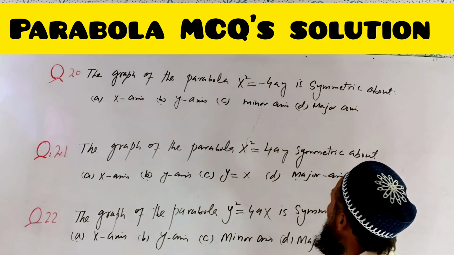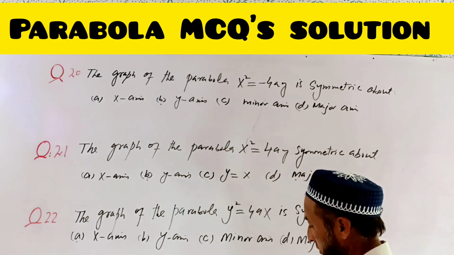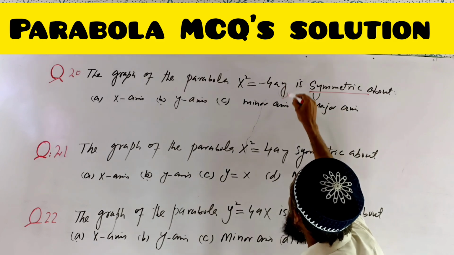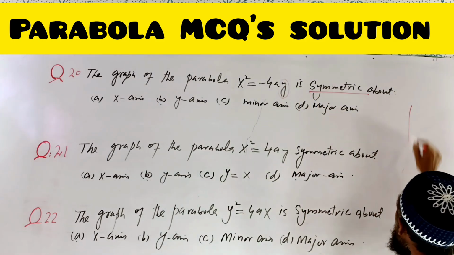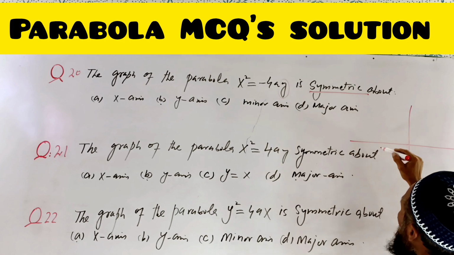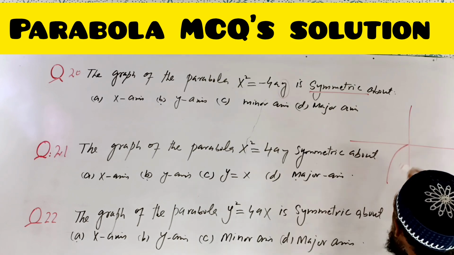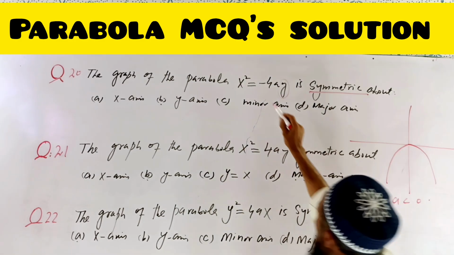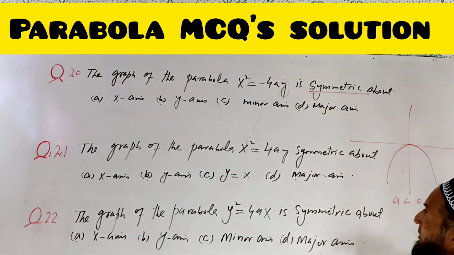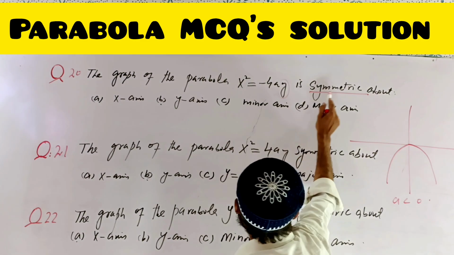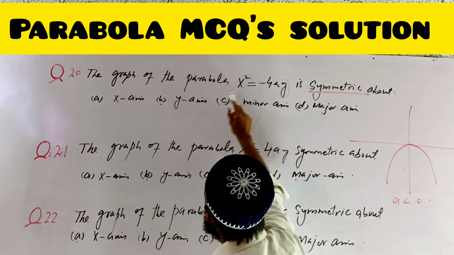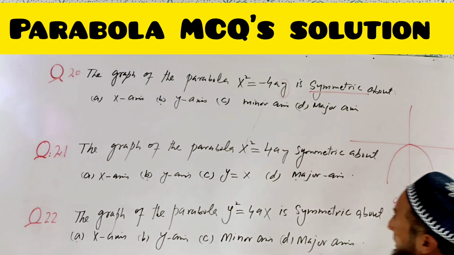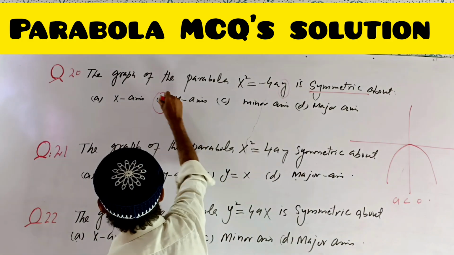The parabola is symmetric along the y-axis, because symmetry is what is being asked. The parabola is making along the y-axis, negative and downward, because a is less than 0 here. The negative sign shows the value is negative, downward. So it is symmetric about x is equal to 0, the y-axis. Option B is the correct option.